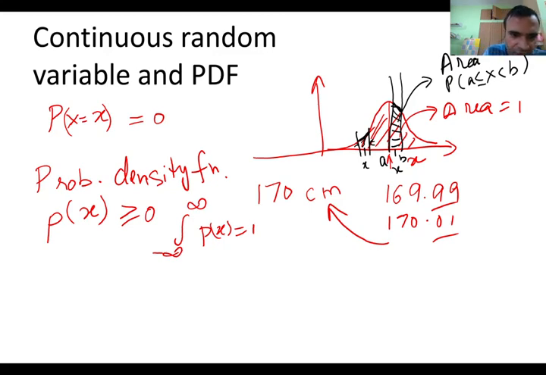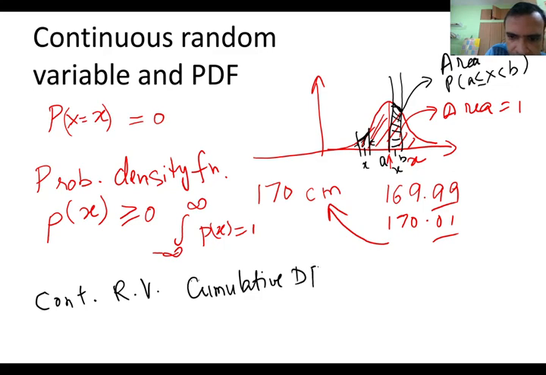For continuous random variables, we will define something called the cumulative density function, which is basically the running integration of this probability.